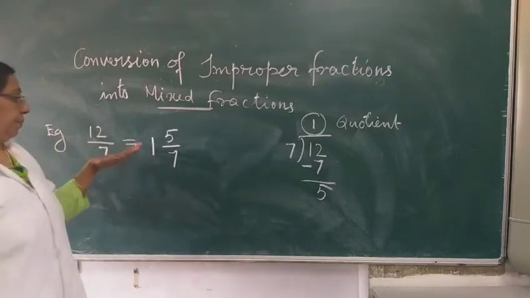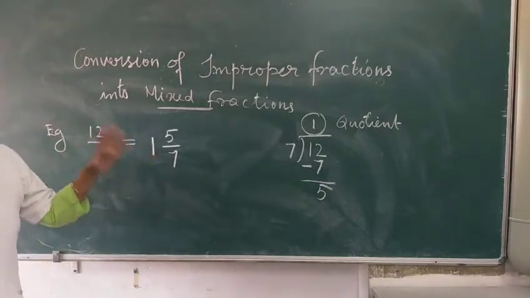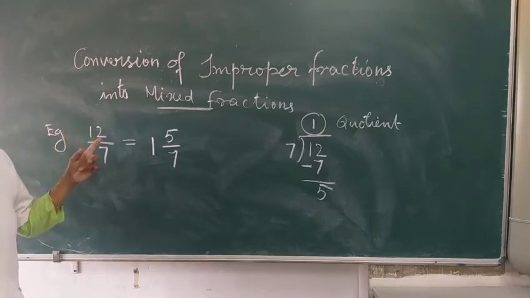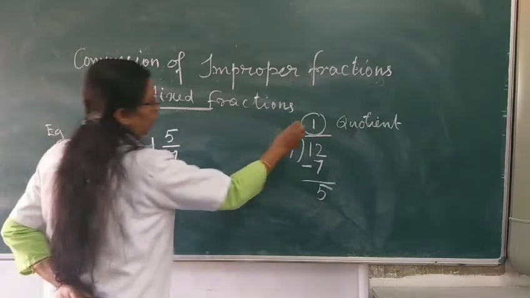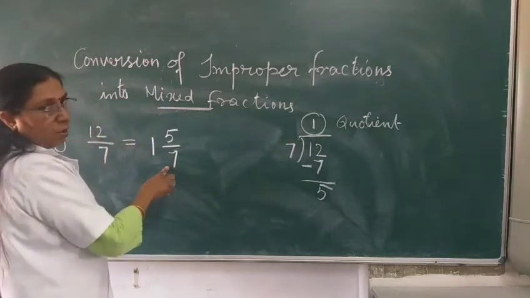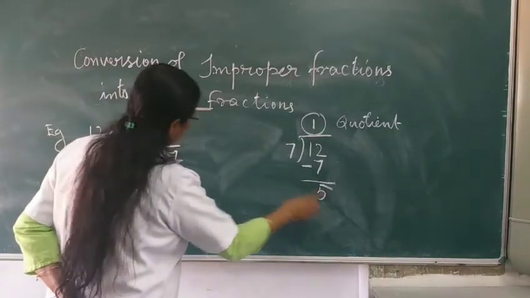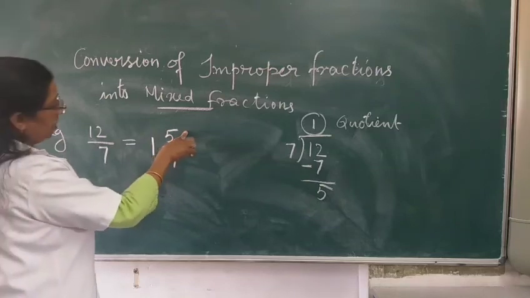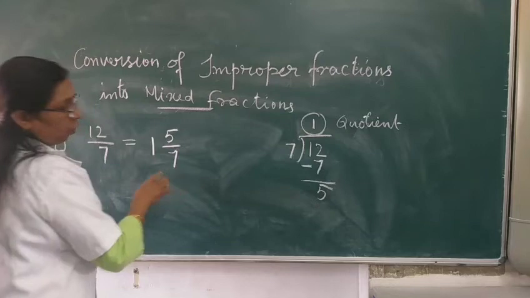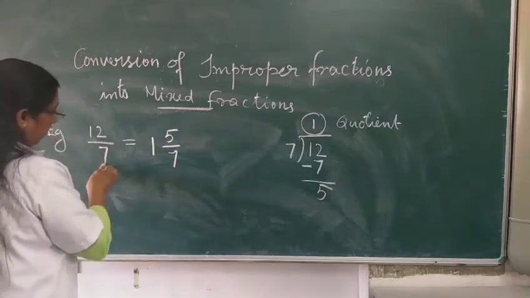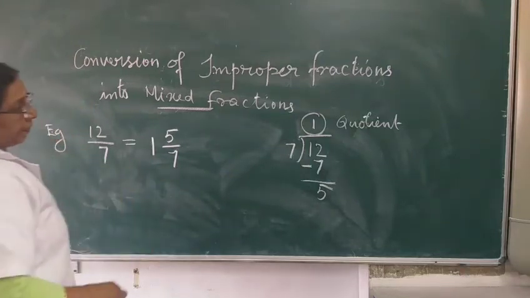To find the mixed fraction, first you divide the given improper fraction. Then the quotient is the whole number, the remainder is the numerator of the proper fraction, and the divisor is the denominator, or you can write the same denominator here.